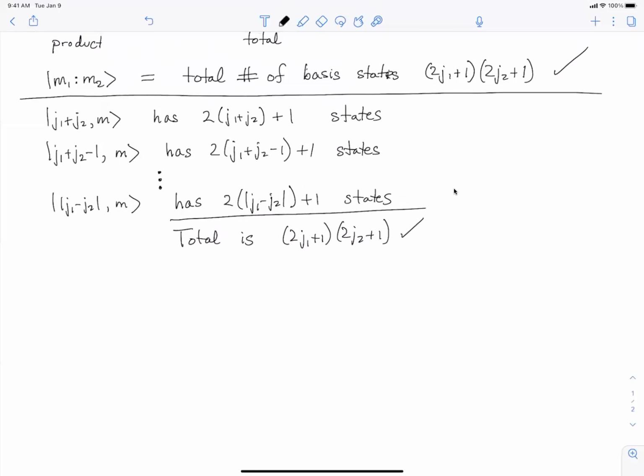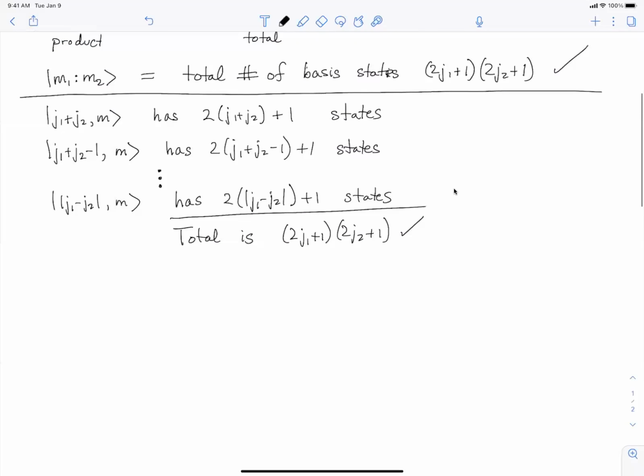Okay, so if we have two different bases, then we can relate them by completeness. Right, and completeness says if I take any state, for example, |j m>, I can expand it in terms of the product basis.